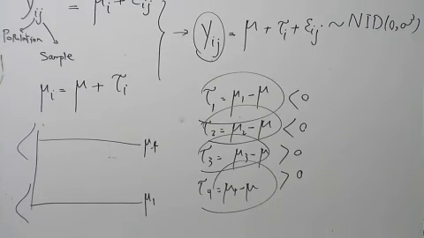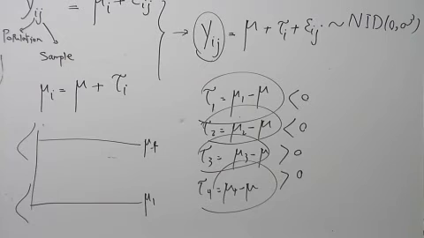Now let me ask you a question. Let's say H null is true. Okay? So what happens to the tau i's if H null is true? 0. I'm not talking about the summation. The summation is always 0. I'm talking about the individual tau i's.